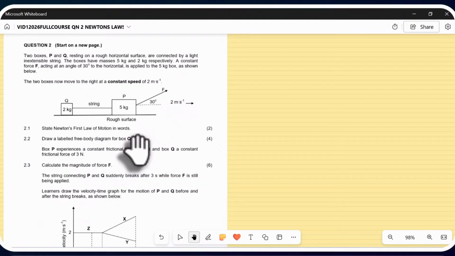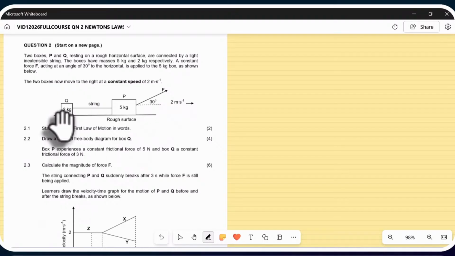So for 2.2 here, we're going to have our arrows like this. To the right is tension. What about to the left? It is the frictional force. Then up is normal force. What about down? Down is the weight.